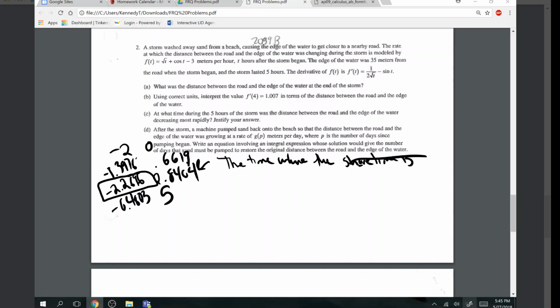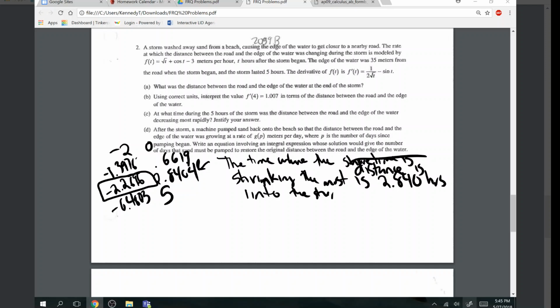The distance is shrinking the most is 2.840 hours into the storm. Sick. Wow, that says storm. Holy smokes.